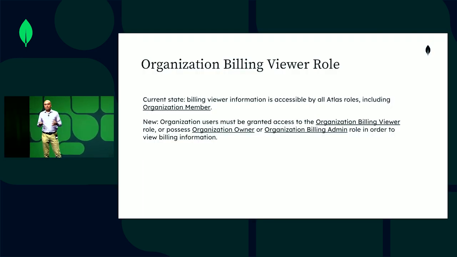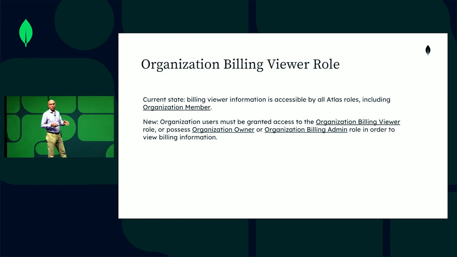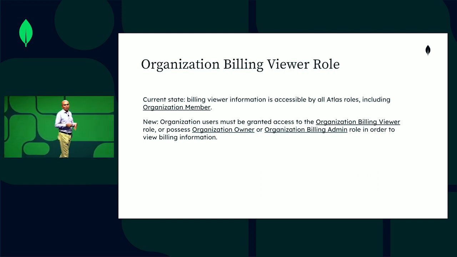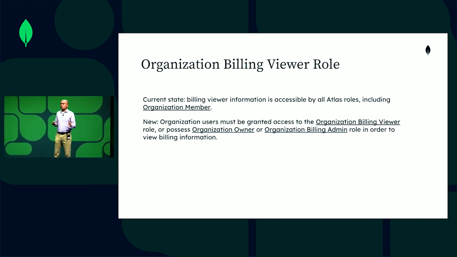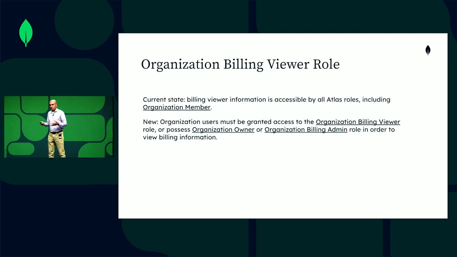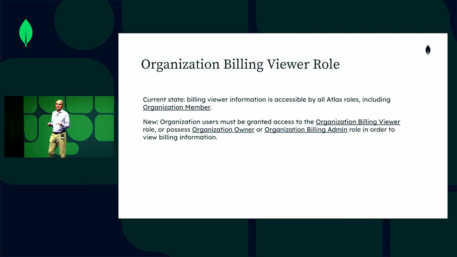Prior to this feature, various Atlas organization roles, such as organization owner and organization member, were able to view the billing information. Our customers requested that only a subset of their users be able to view the billing information, and not the organization members.